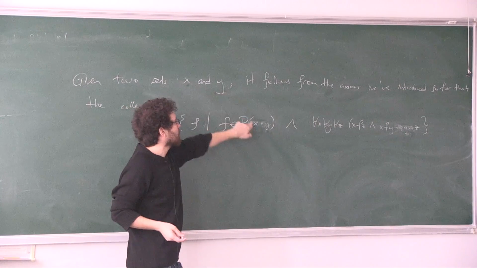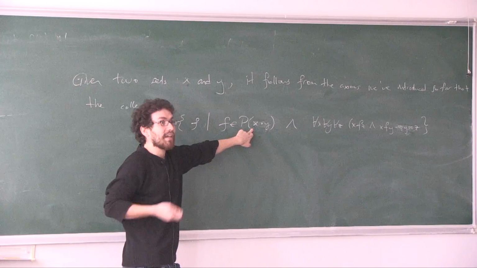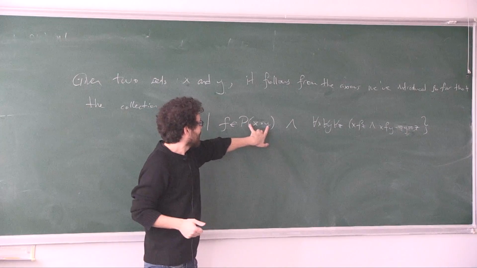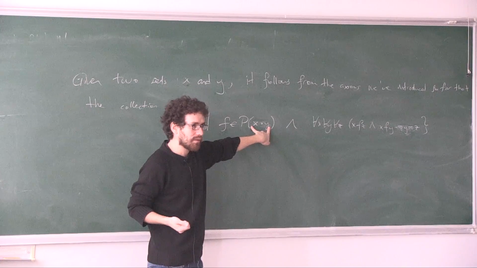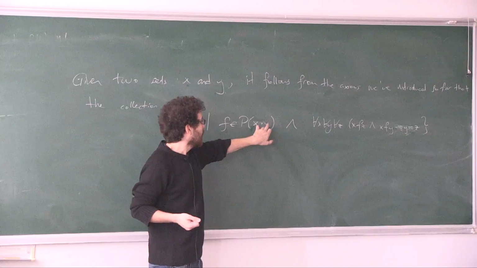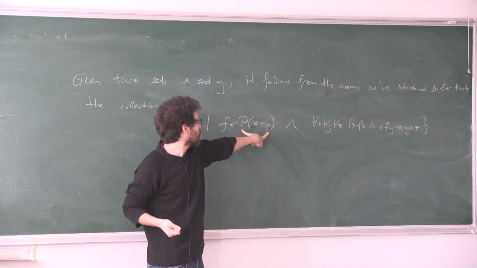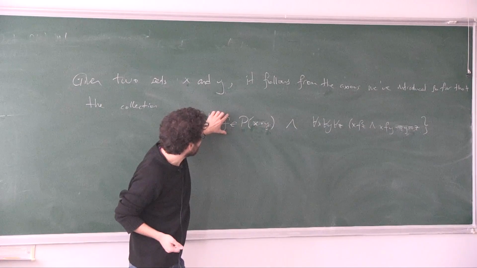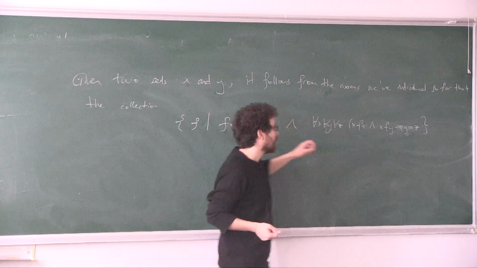Given two sets, we constructed the Cartesian product last time, right? Say yes? Yes, we did. Everybody remembers. So we constructed this. This is a set, the set of all ordered pairs where the first component comes from X, the second component comes from Y. By power set axiom, this is a set. By the axiom of separation, when you have a set, the set of elements of this first set satisfying a certain property is a set.